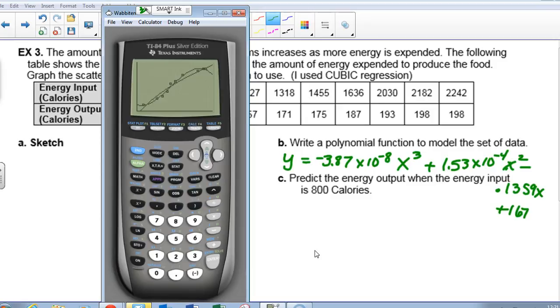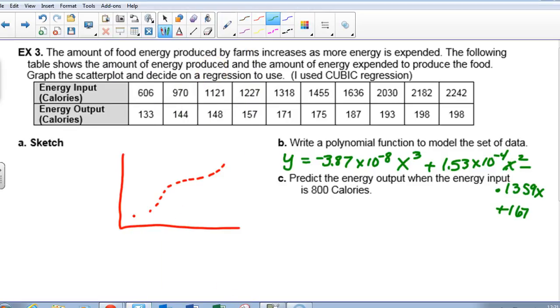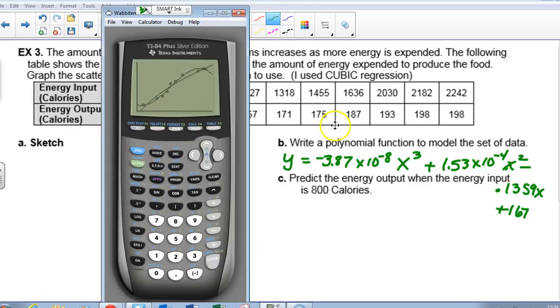So you'd kind of have to look at the data and decide which it really seemed realistically would happen. I'm just going to go with the cubic because this is the important thing. They want us to do an input of 800 calories. If you go to your table and you type 800, I have put in a Y1 and a Y2. You will see the difference here.